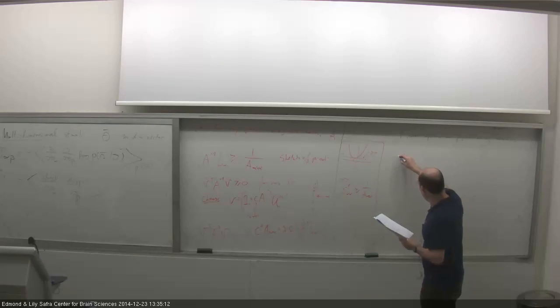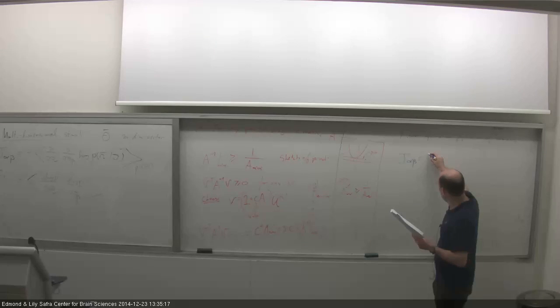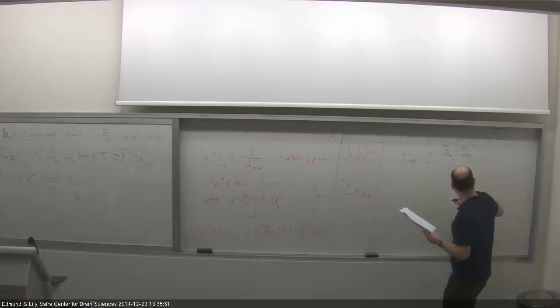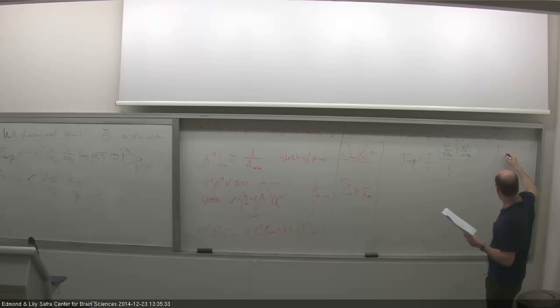And it turns out that the alpha beta element of the Fisher information matrix is the sum over all the neurons of df_i/dθ_α times df_i/dθ_β, divided by f_i, where I assume that neuron i fires with rate f_i(θ). Theta is a vector now.